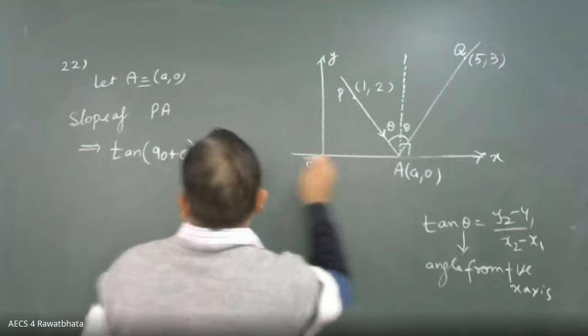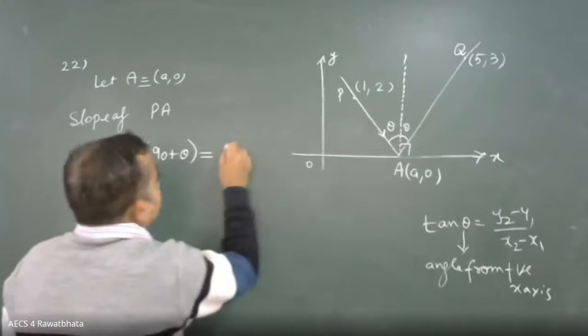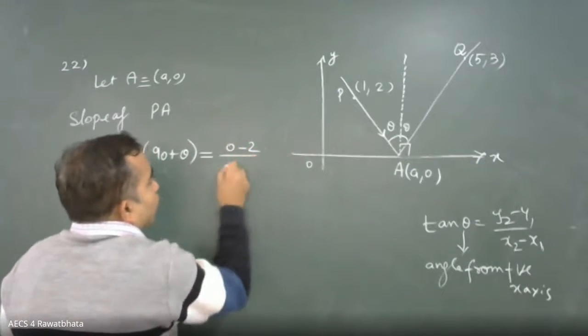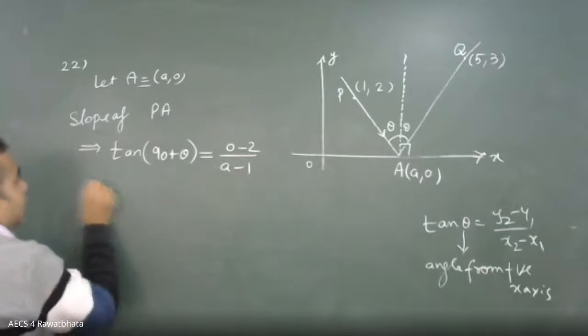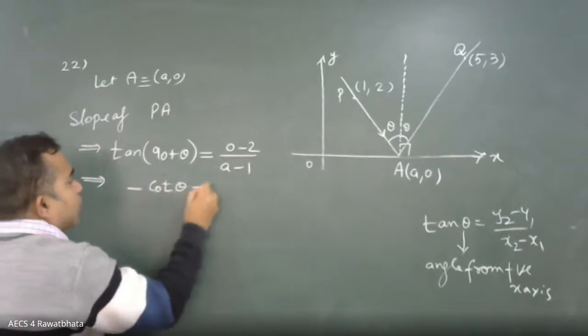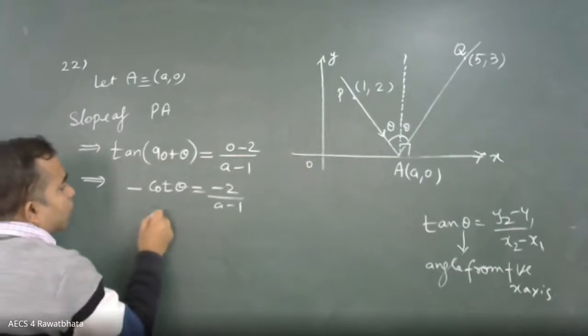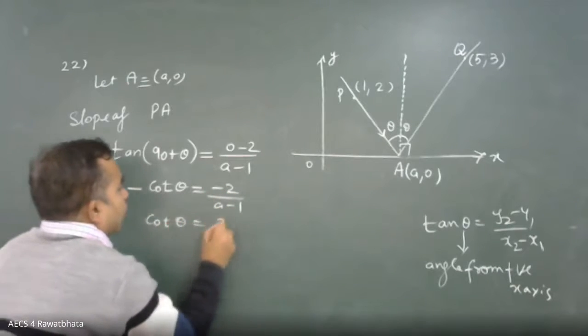This is 90 and this is theta, so the angle is 90 plus theta. By y2 minus y1 upon x2 minus x1, the slope is 0 minus 2 upon a minus 1. So tan of 90 plus theta is minus cot theta, equal to minus 2 upon a minus 1, which means cot theta is equal to 2 upon a minus 1.